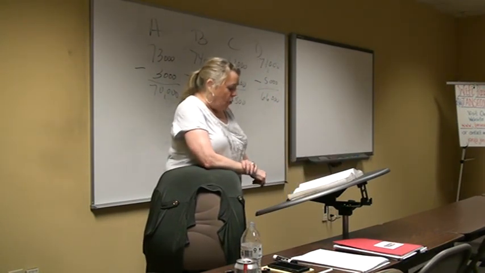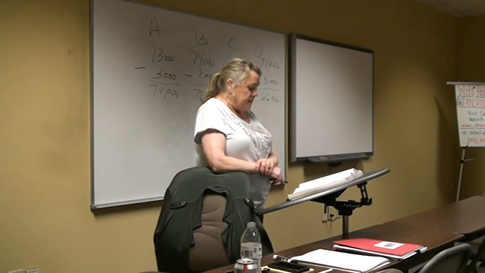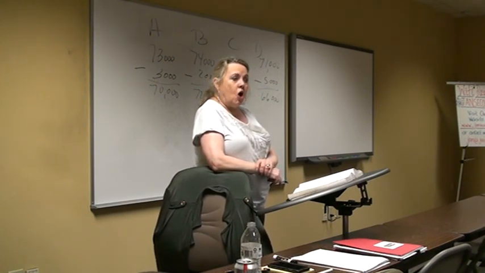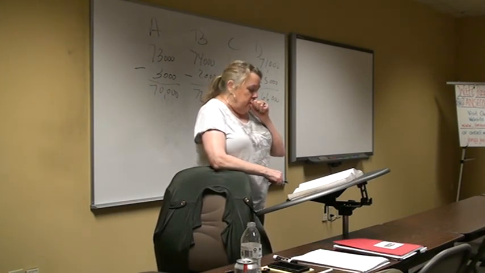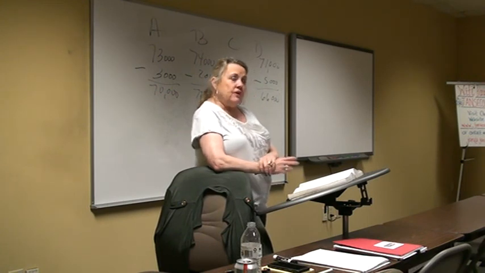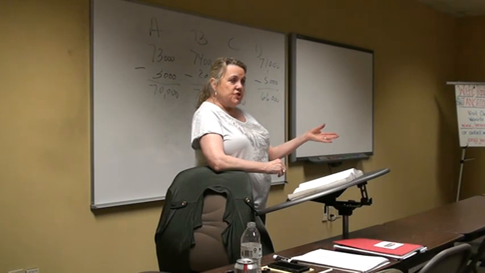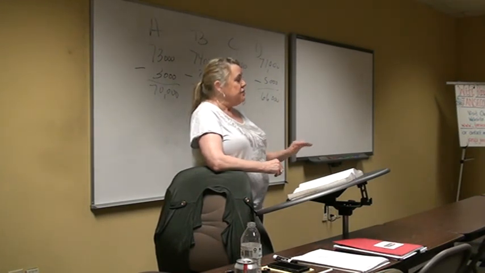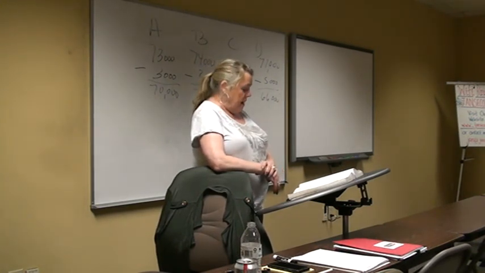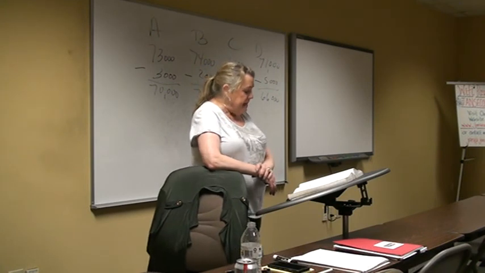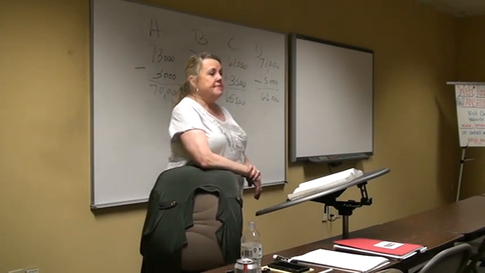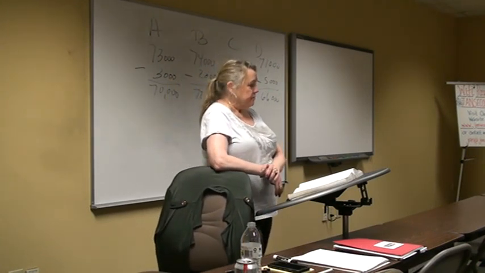Number 4, you subtract that depreciation from the cost new. So once you figured out how much it depreciated, you subtract it from the cost new, and then that leaves you the depreciated value of the structure. And then the last step is add the land back in.